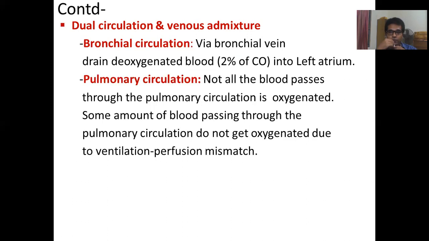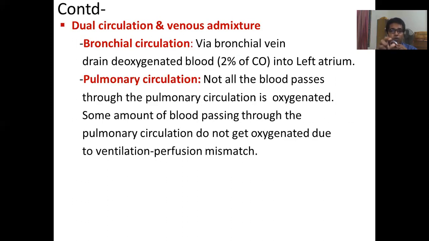Okay. So this amount of blood is called shunted blood, or right to left shunt, or venous admixture. So, admixture of oxygenated and deoxygenated blood.